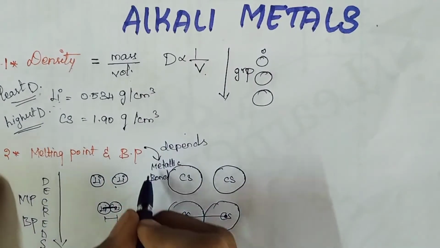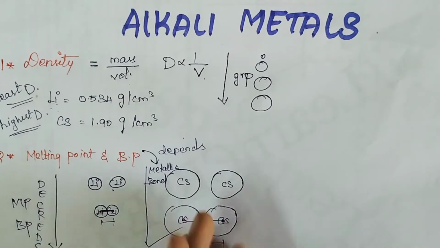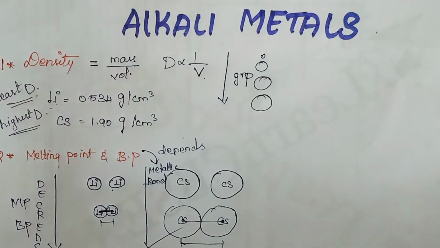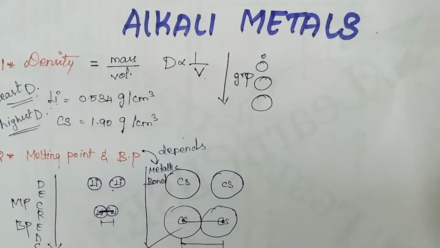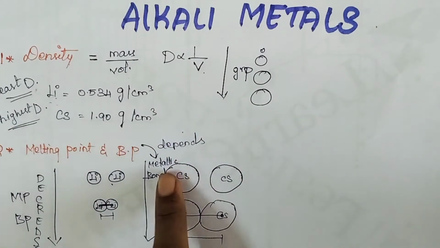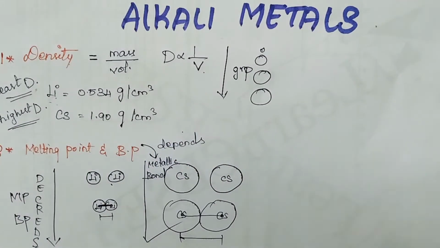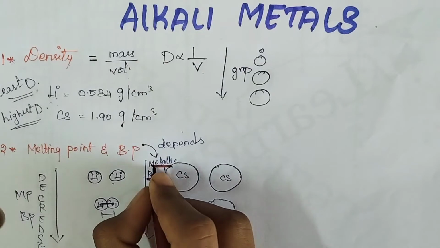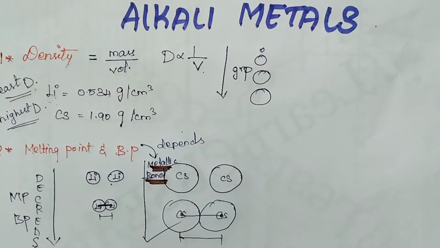Are you clear? I compared the first element and the last element. Now the third property is metallic bond strength. That's what I told you here. Metallic bond strength determines the melting point and boiling point.